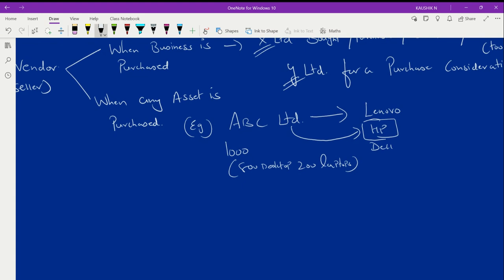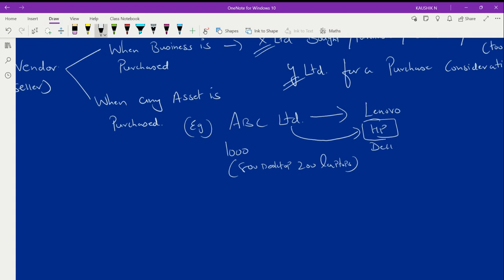Instead of getting the cash from me, because I don't have liquid cash with me or in my bank account, let me provide you the amount in the form of my company's shares. Will you be accepting that? If suppose the company HP Limited says that yes, I can take the deal, then they will go with the deal.